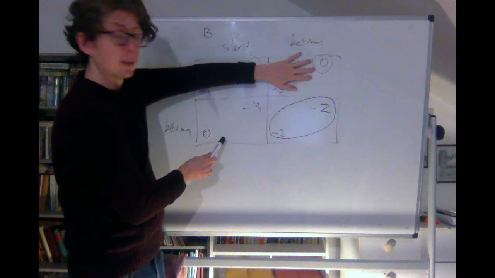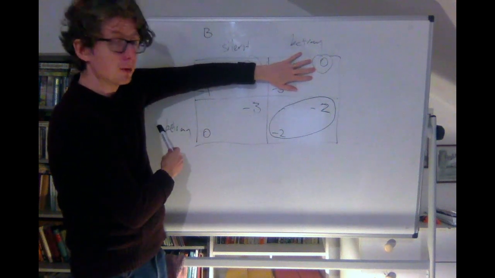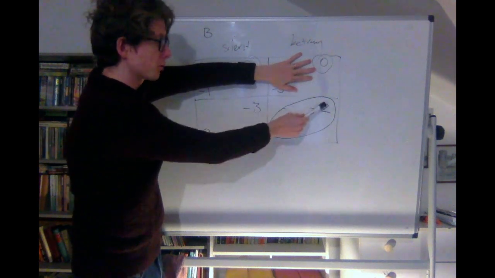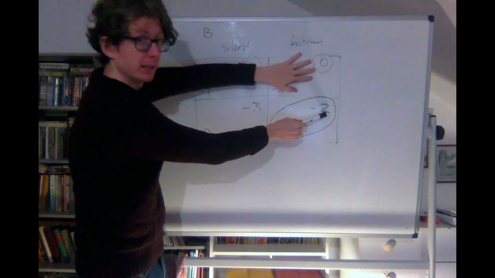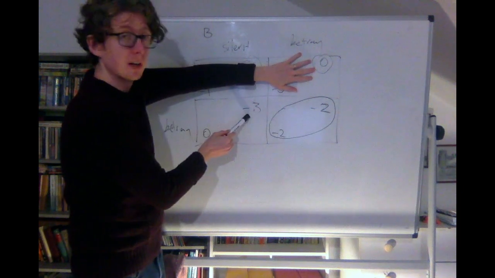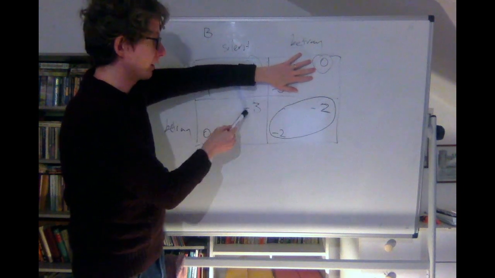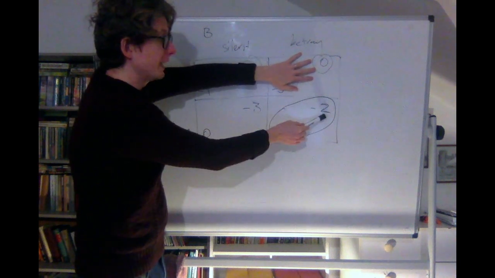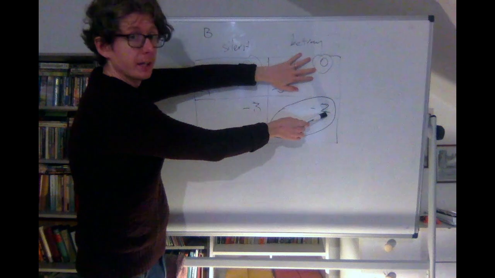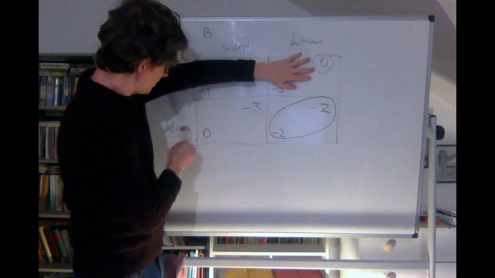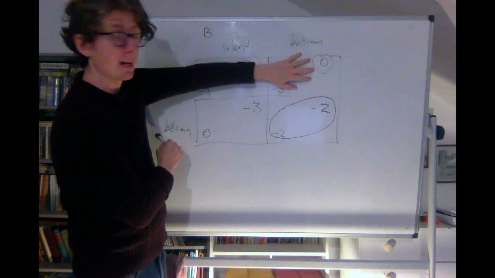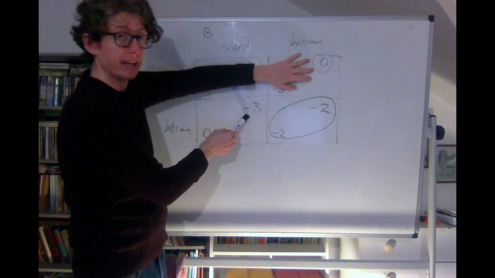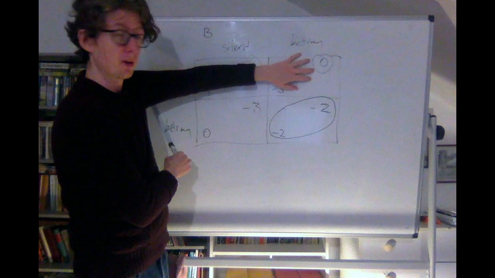If B had known ahead of time that A was going to betray, would they have preferred to stick with betraying as well, getting their outcome at this cell? Or would they have rather switched and gotten the payoff here? -2 is a higher number than -3, meaning that B is getting a higher payoff here. So conditional on A betraying, B would also rather betray, because staying silent, given that A is betraying, leads to a worse outcome.